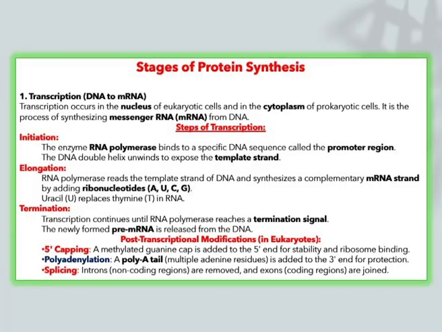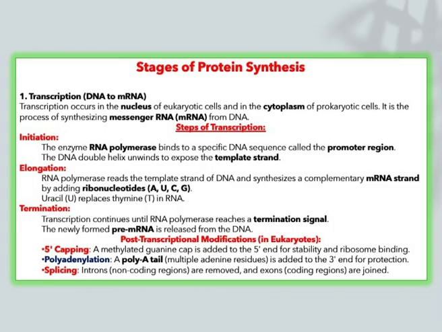After transcription, there are some important metabolic processes that we call post-transcriptional modification in eukaryotes. Especially in eukaryotes, we should identify whether these three important biochemical processes have been done. Number one, 5' capping. It is very important in post-transcriptional modification.